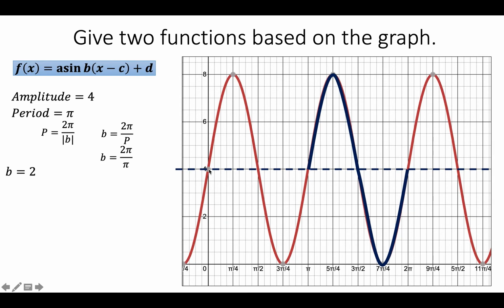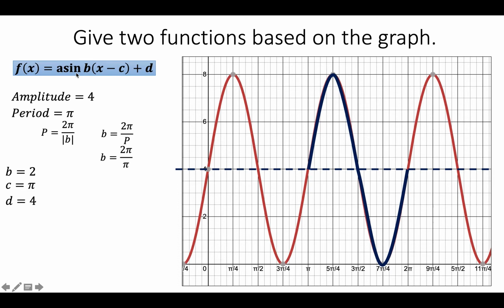So instead of 0, that's the parent function, it translated horizontally to pi. So your C is equal to pi there. And for the value of D, just identify the center of the graph, and that's at 4. So therefore, D is equal to 4.